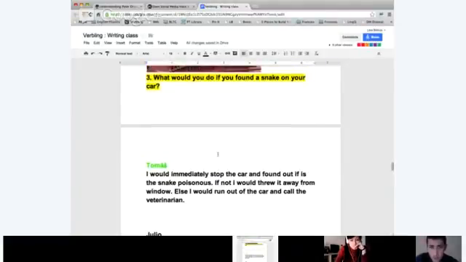So, I would immediately stop the car and found out if it's the snake poisonous. If not, I would throw it away from window. Else, I would run out of the car and call the veterinarian. All right, I would immediately stop the car and find out if the snake is poisonous.